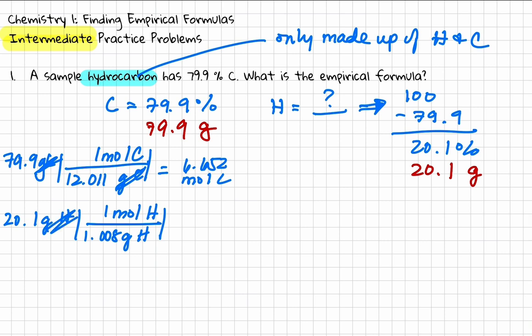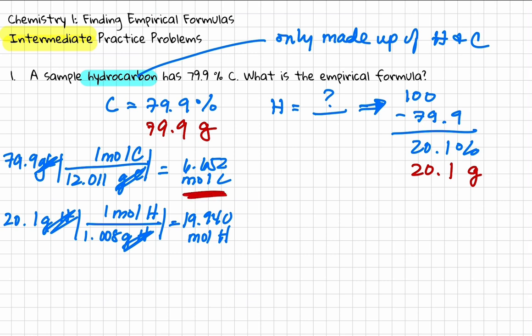Canceled out. Mole of hydrogen, and that calculation is 19.940. Which one of the two is smallest? It's going to be this one.